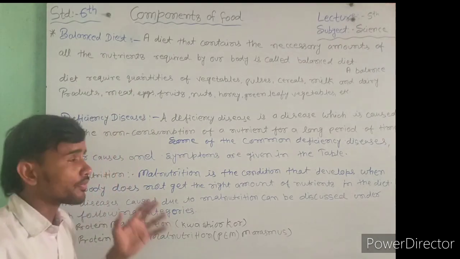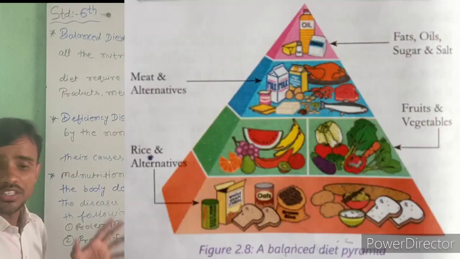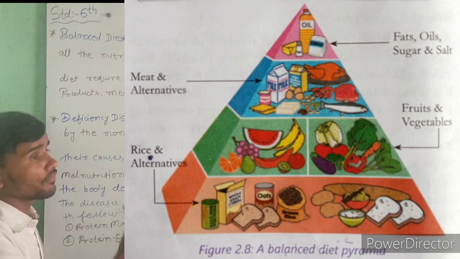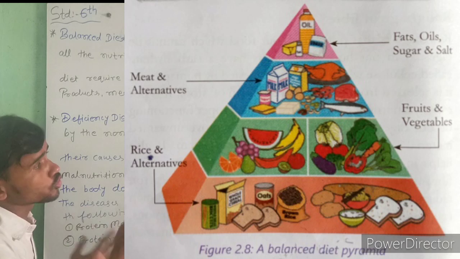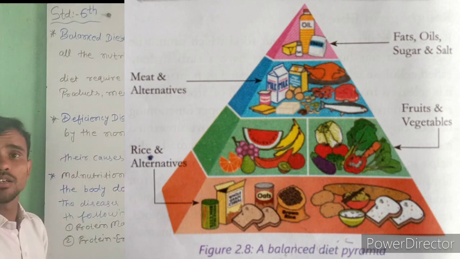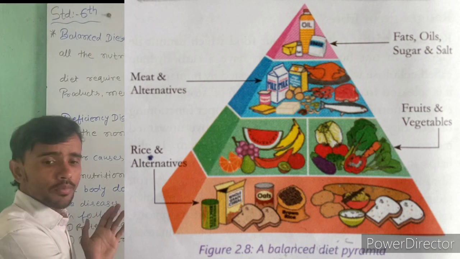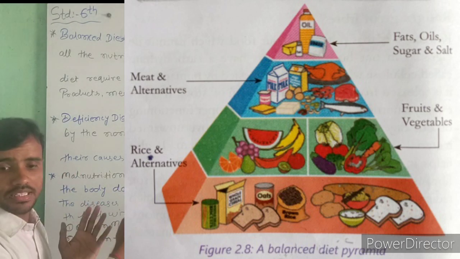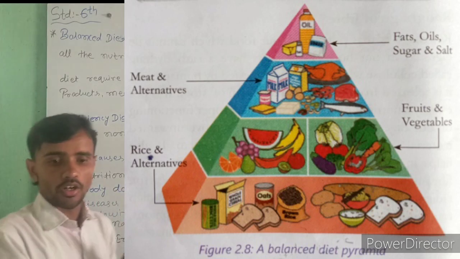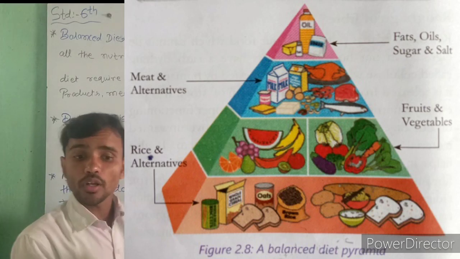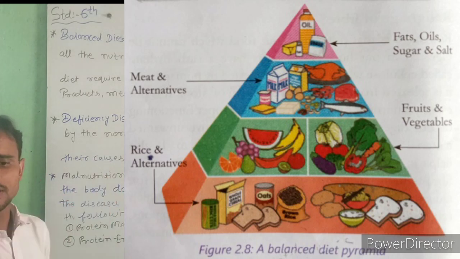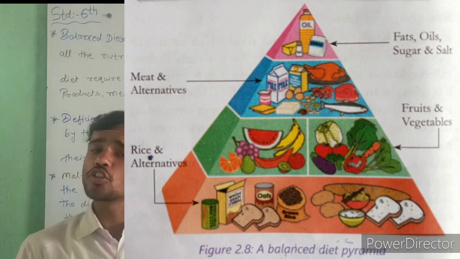Next, firstly you see the figure of the balanced diet pyramid. In this figure we also learn about a balanced diet. The first level is raw materials, then fruits and vegetables, third is milk and dairy products, and next fats, oils, sugar and salt.